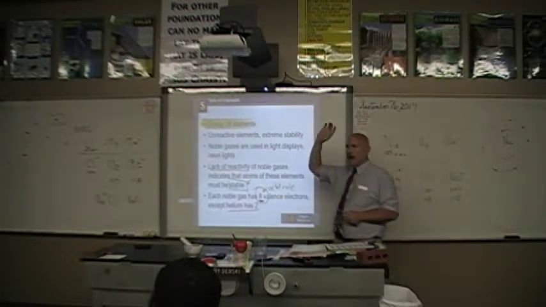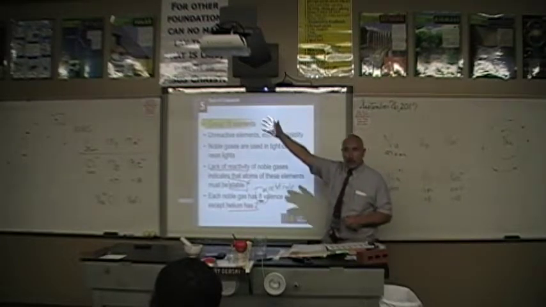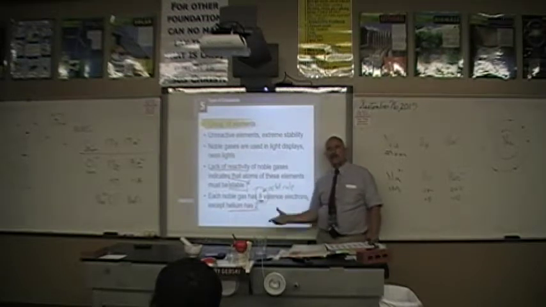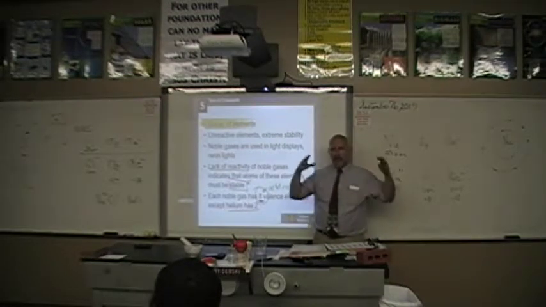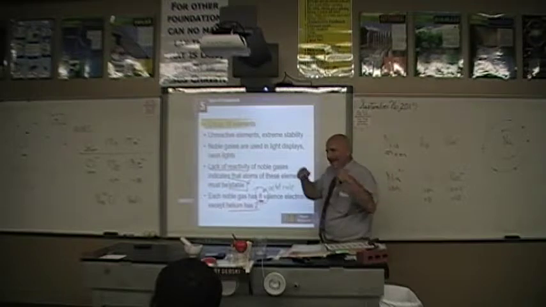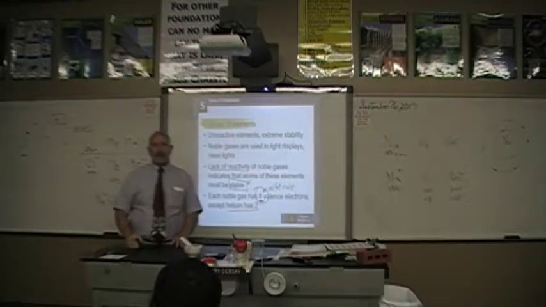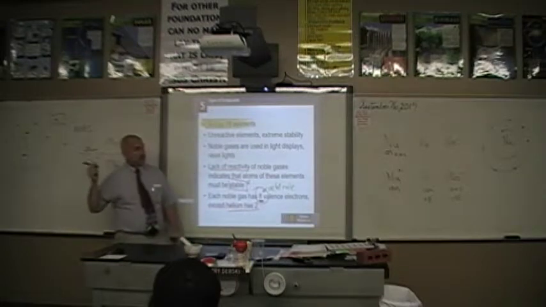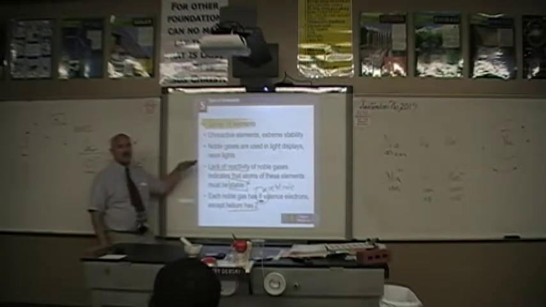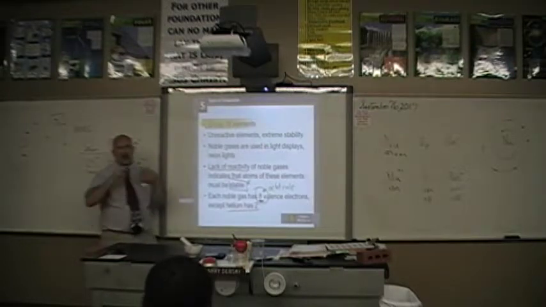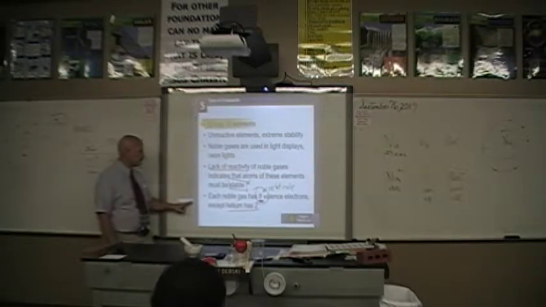They want to have the luxury that the nobles have. And so they're always going to be trying to satisfy their outer energy level so that it has 8 electrons. If they can get 8 electrons, they'll feel like they're part of the noble class. And they will be stable. They will have that stability that comes with having all of their needs met.